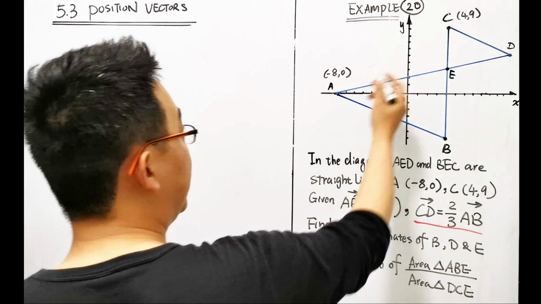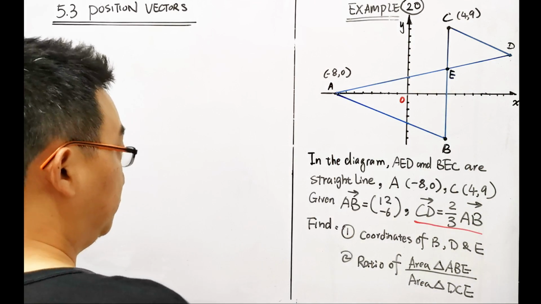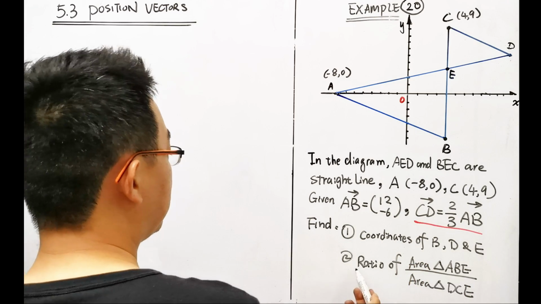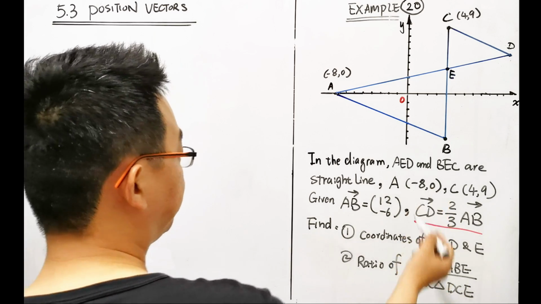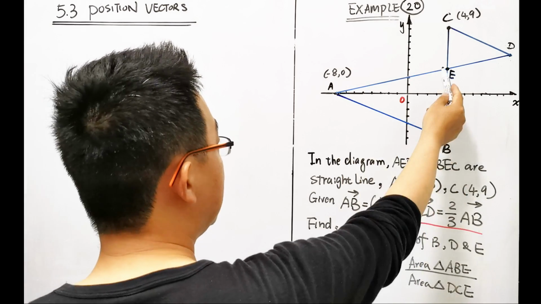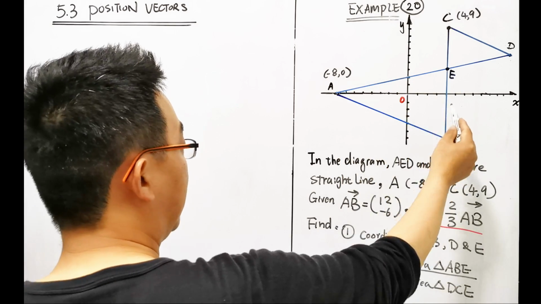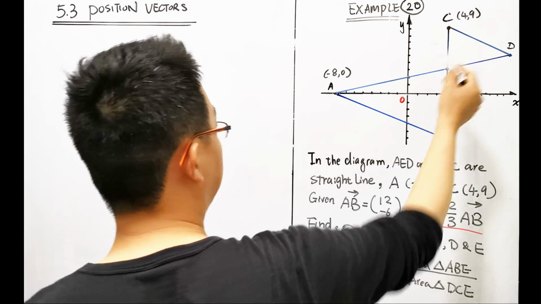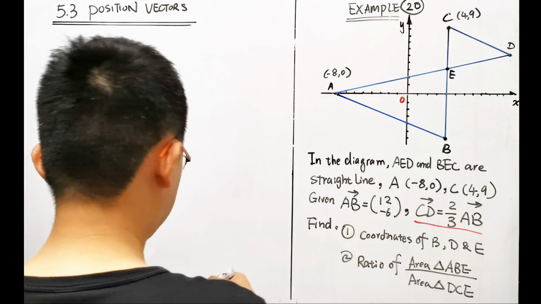We already know A and C, so we need to find B, D, and E. The second question is the ratio of the area of ABE compared to the area of DCE.